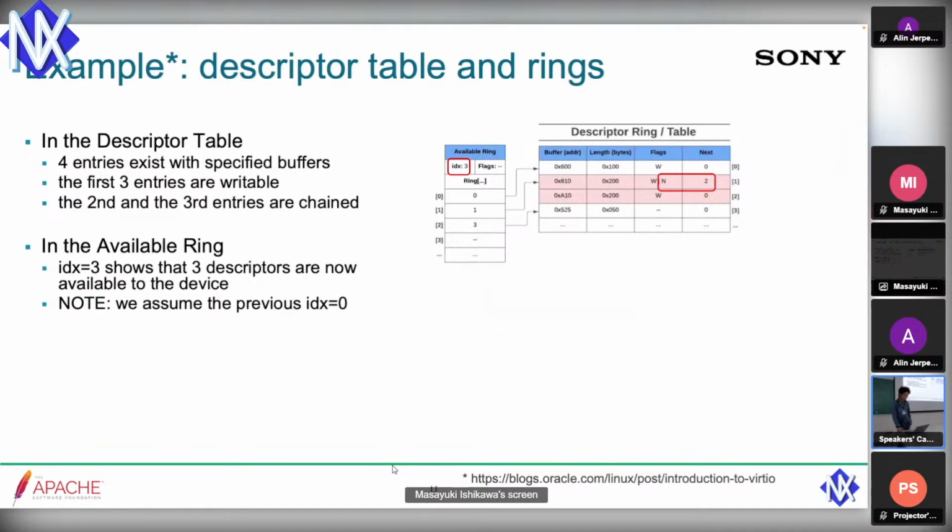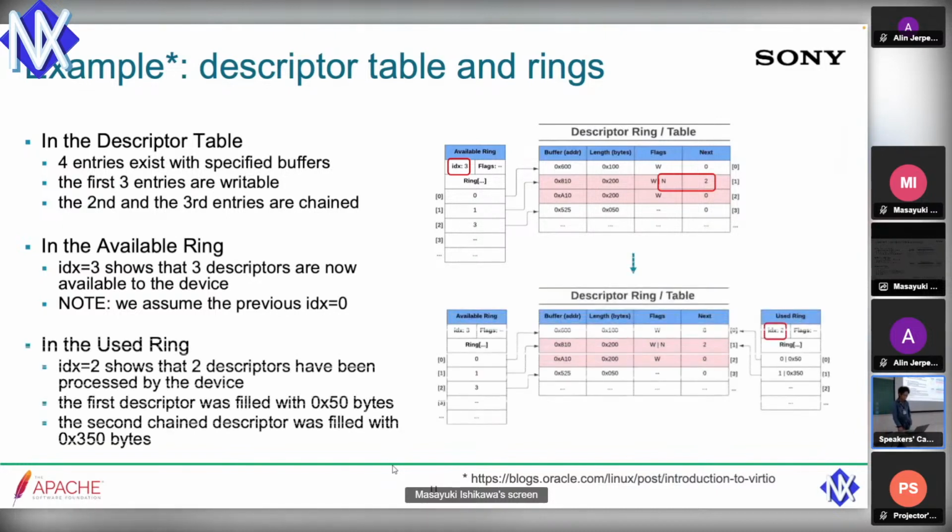Here, please note that we assume the previous index was equal to 0. In the used ring, idx equal to 2 shows that 2 descriptors have been processed by the device. As a result, the first descriptor has been filled with 0x50 bytes, and the second chained descriptor was filled with 0x350 bytes.